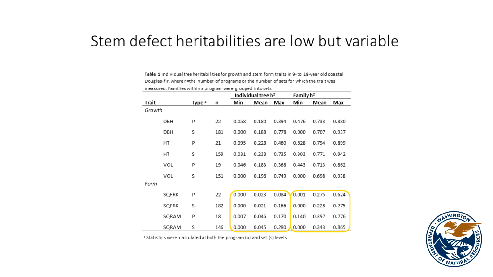So they're under less genetic control than the growth traits are. And as I mentioned, the pilot study happened to be the one with the highest heritability for ramicorn branches.